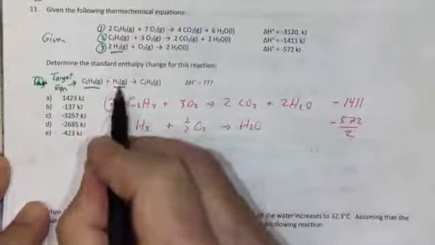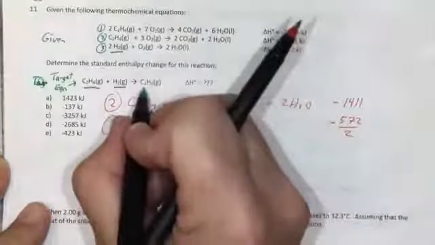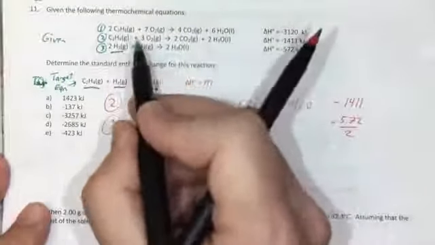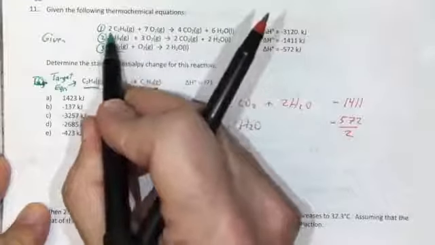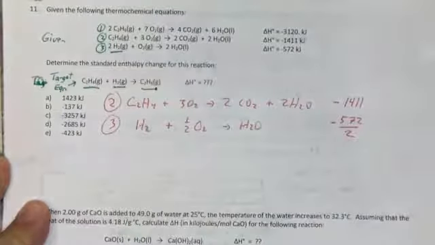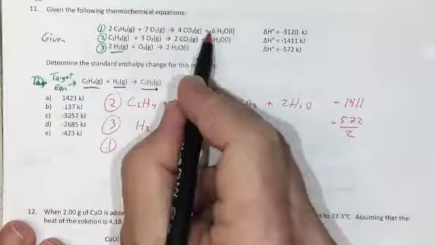So that's the hydrogen. Then, in my target equation, I need 1 mole of C2H6 on the product side. In the given equations, the only place that I see C2H6 is equation 1, but I have 2 moles on the reactant side. I need 1 mole on the product side. So I'm going to rewrite equation 1: flip the equation and divide through by 2.